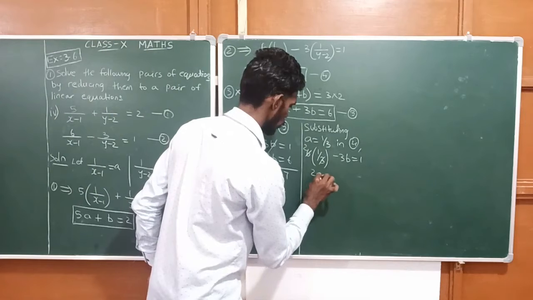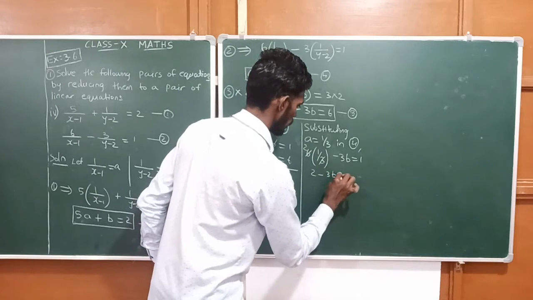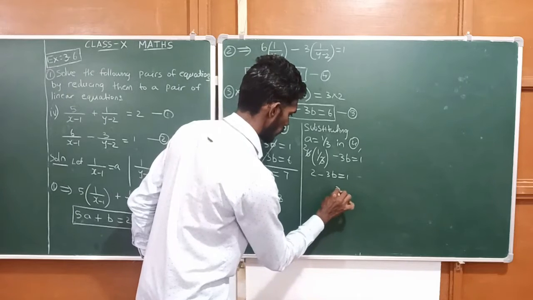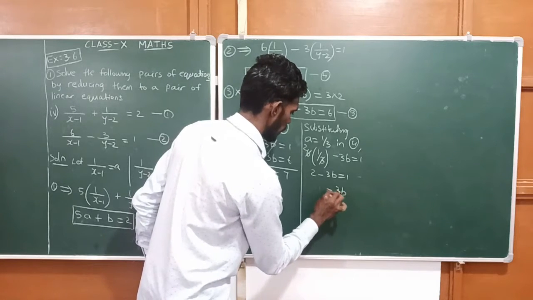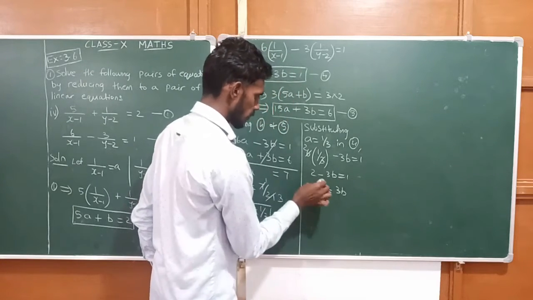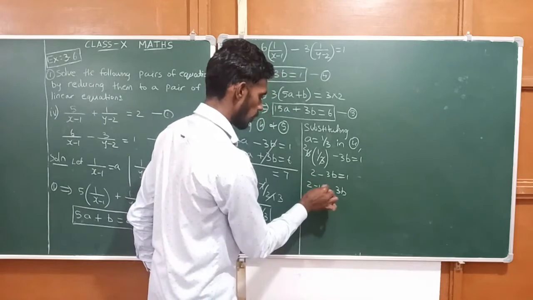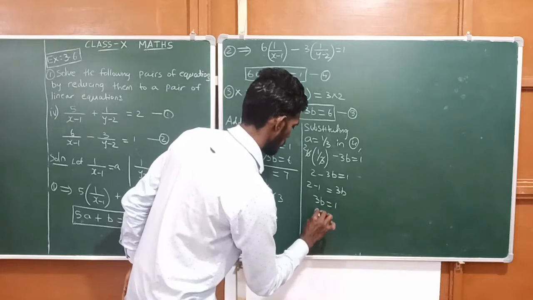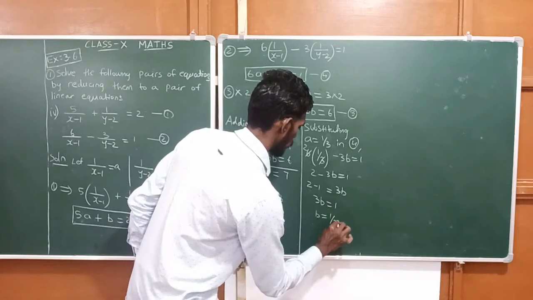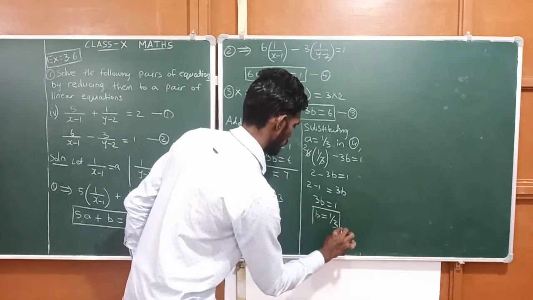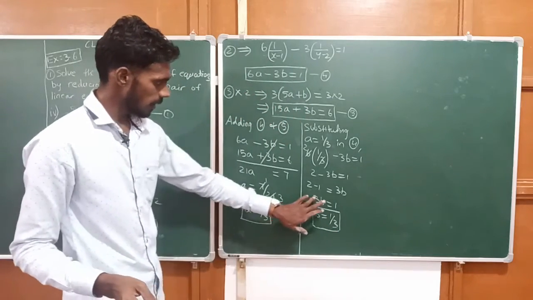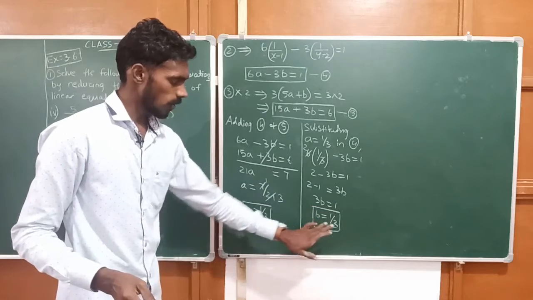So it is 2 minus 3B is equal to 1. When I take this minus 3B to the other side, it becomes plus 3B. Then when I take this 1 to LHS, it becomes minus 1. So 2 minus 1 is 3B. Therefore the value of 3B is 1. Hence the value of B is 1 by 3. Clear? So A is equal to 1 by 3, B is equal to 1 by 3.